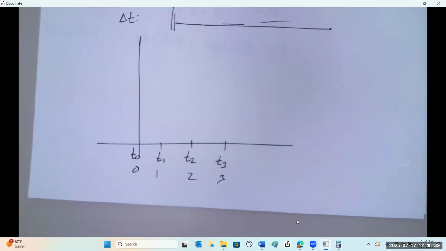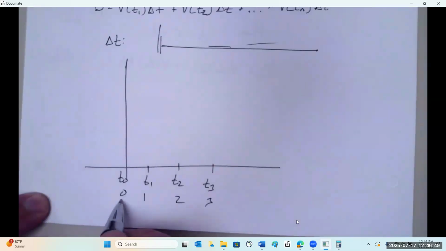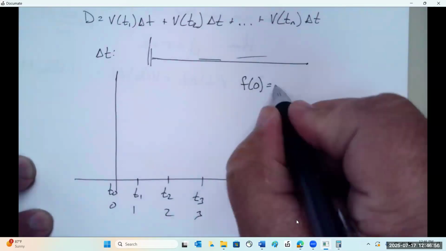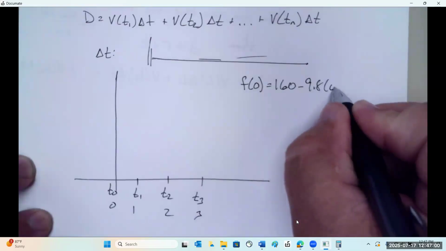What happens to the velocity at each second when this object takes off? Let's see. When t is 0, what's our velocity? We have 160 minus 9.8 times 0.